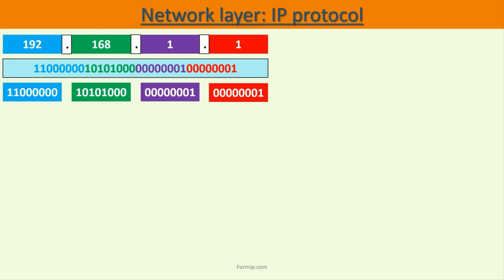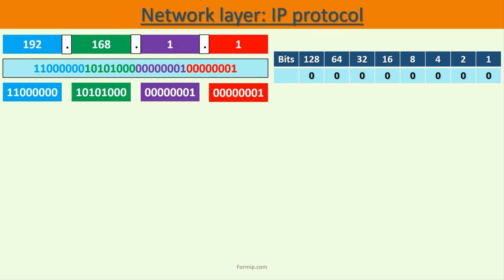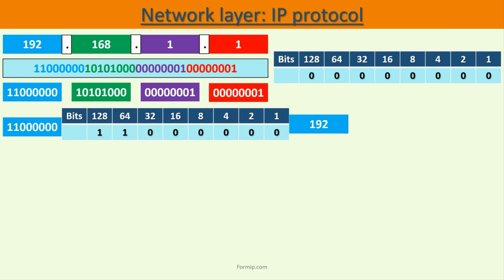With this 8-bit block separation, we can convert each byte into a decimal number. We'll start by converting from binary to decimal using this table. For the first block, we have 128 plus 64, which gives us 192.